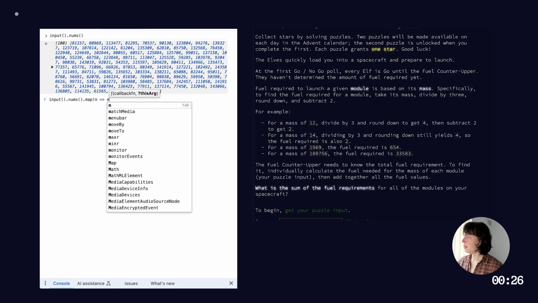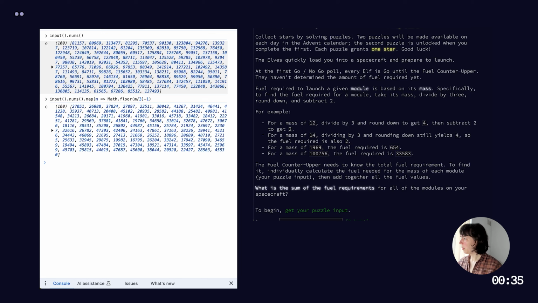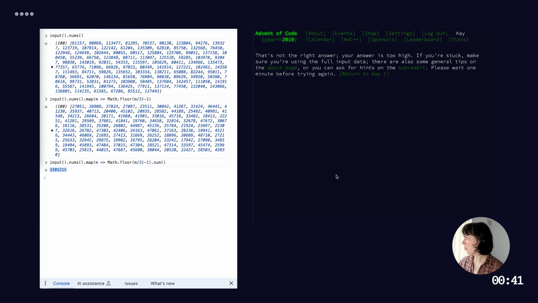Take its mass, divide by 3, floor it, and subtract 2. Too high. My mistake here is a simple typo. Instead of subtracting 2, I'm subtracting 1, hence the wrong answer.